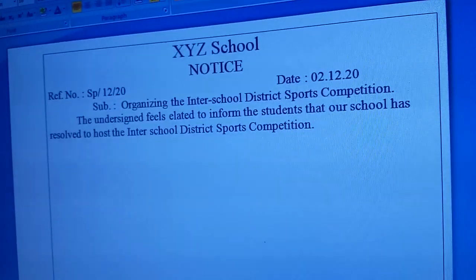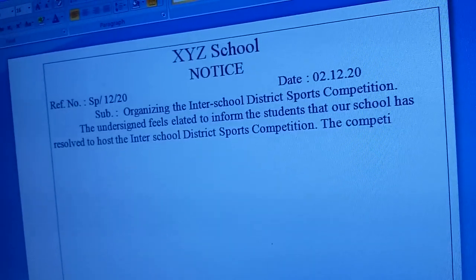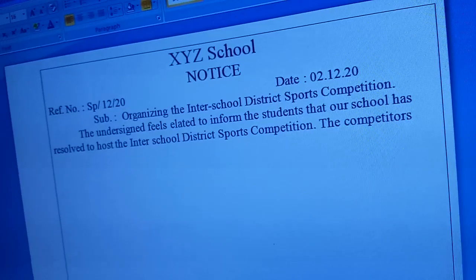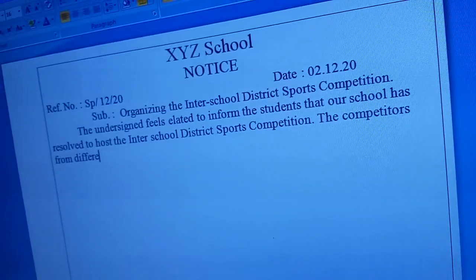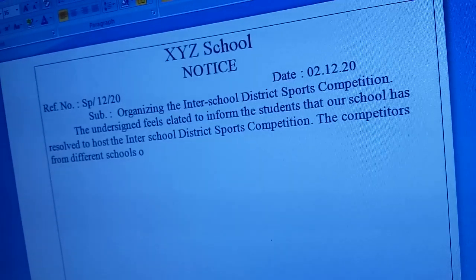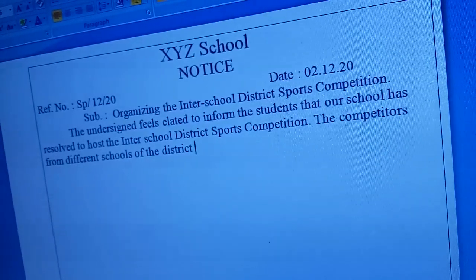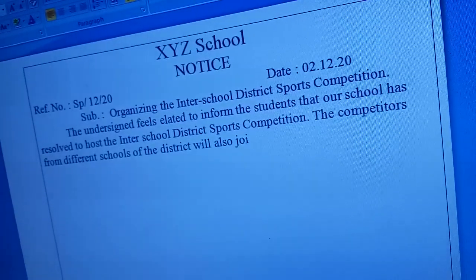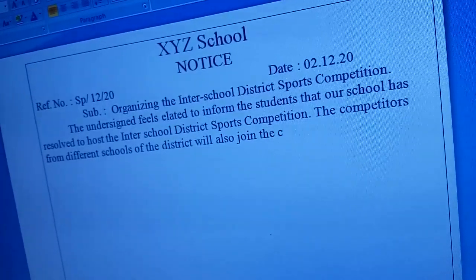Okay, the competitors from different schools of the district will also join the competition.